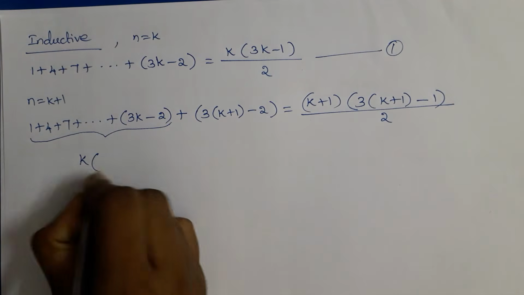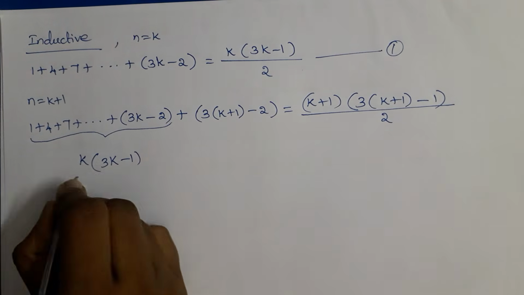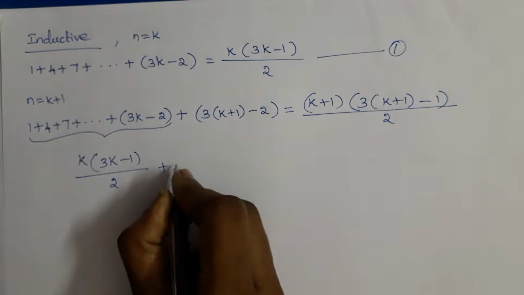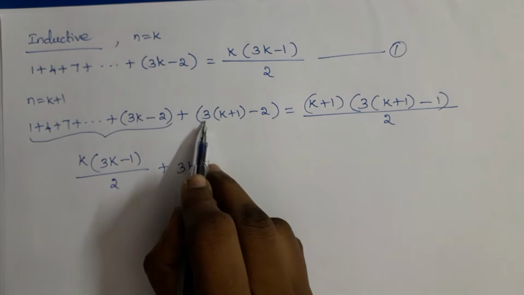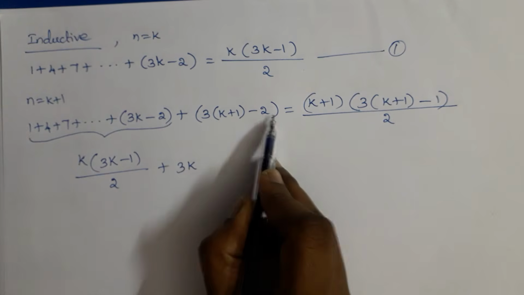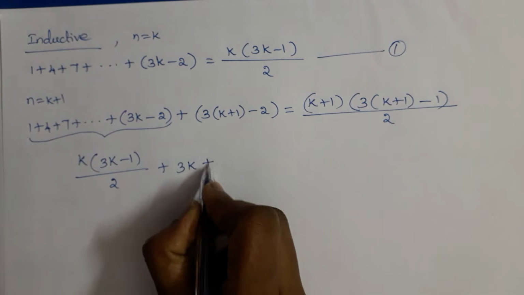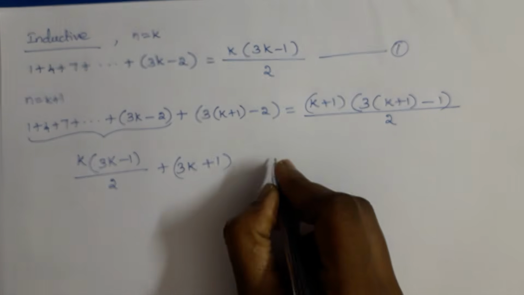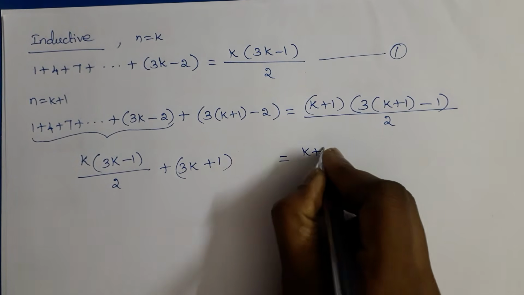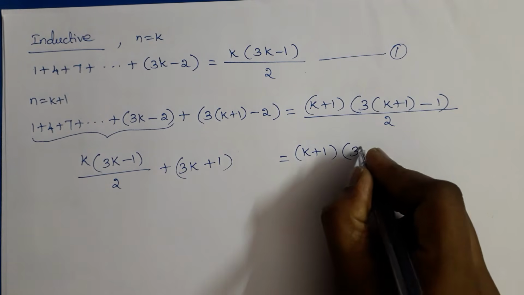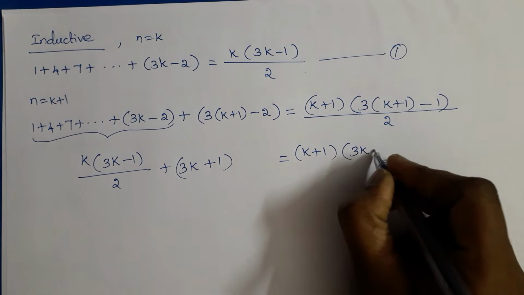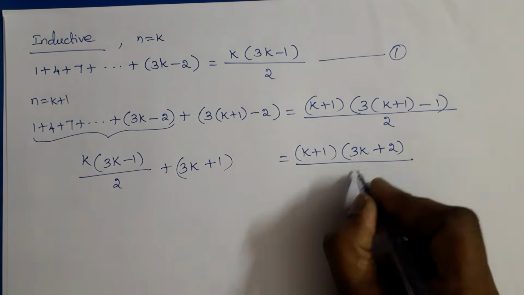So k times 3k minus 1 divided by 2 plus the new term, 3k plus 3 minus 2, which is 3k plus 1 is equal to k plus 1. We can simplify this also: 3k plus 3 minus 1 is 3k plus 2, divided by 2.